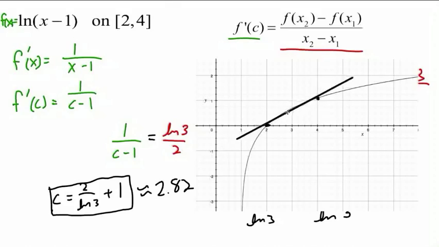And what I'm going to do is copy and paste this line. And it says that it should happen at about 2.82, which is going to be about right here. So if I place this line right there, it should be the derivative at that point. And it looks like it's doing a pretty good job.